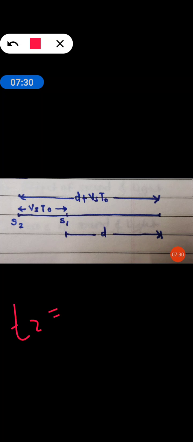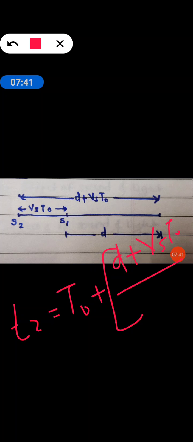That time is T2 is equal to T0 plus (d plus Vs T0) upon V. This is the time when the crest which is released from the source at point S2 is heard by the listener.